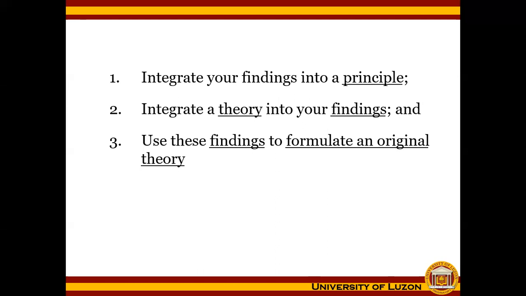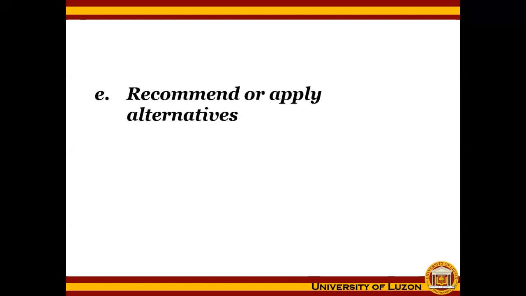That's how the process works for theorizing. Remember that a theory is a set of interrelated principles that will provide more or less an explanation to a phenomenon or to an event.